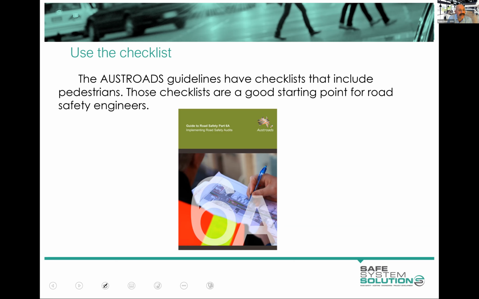And so you will get guided through all of this thinking when you're doing audits. So you're not completely out there on your own. The reason we're calling them prompt lists is because they're not a checklist. If you go through every one of these things, you'll get some good guidance, you'll get some good prompts, but you're not going to cover off everything. Right? But they're a really good starting point and help you on your journey.